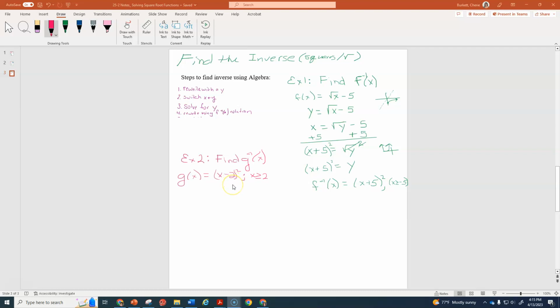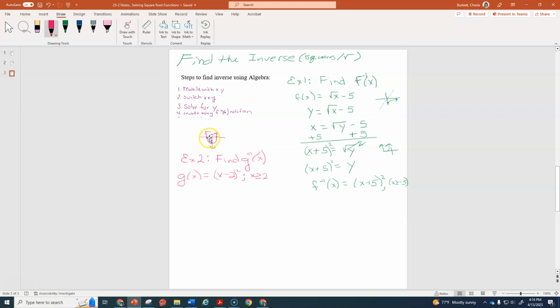And so when we have a parabola, if we graph the entire parabola like this, it may pass the vertical line test, but it fails the horizontal line test because it passes it twice. It passes the vertical line test, so we know it's a function, but because it fails the horizontal line test, we know its inverse will not be a function.